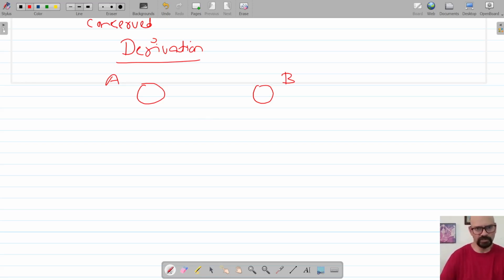Let's say they collide. This is the system before collision. Mass of A is m1, mass of object B is m2, A is moving towards B with initial velocity u1, and B is moving towards A with initial velocity u2.